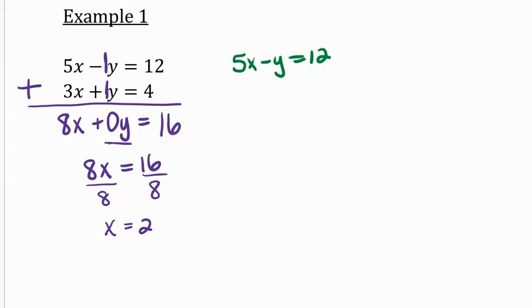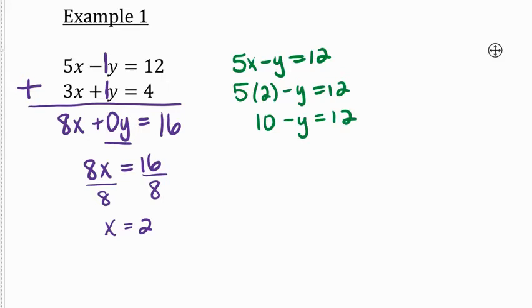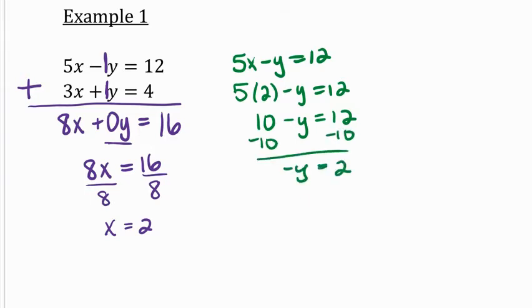So 5 times 2 minus y equals 12. That would be 10 minus y. And then if I subtract 10 over, I would get negative y equals 2. So that means that y would equal negative 2, right?